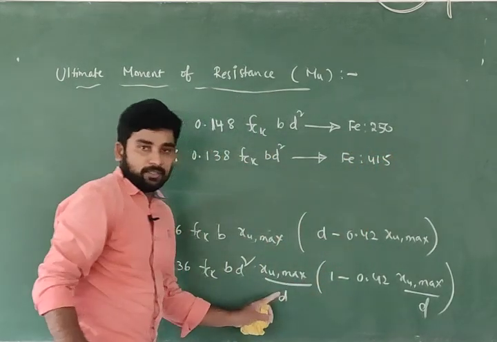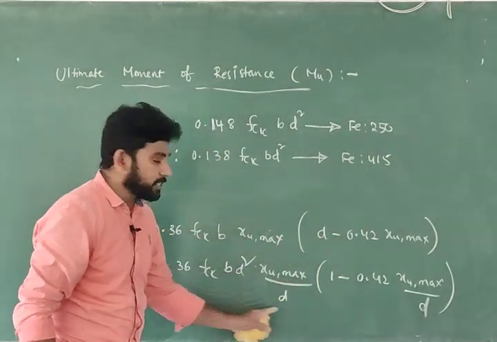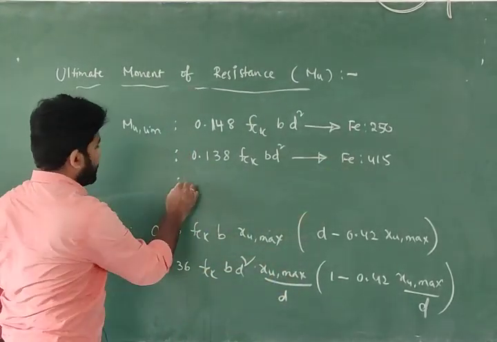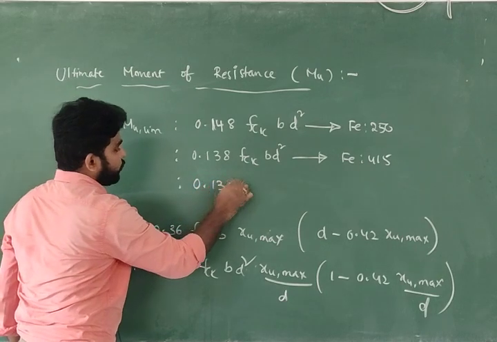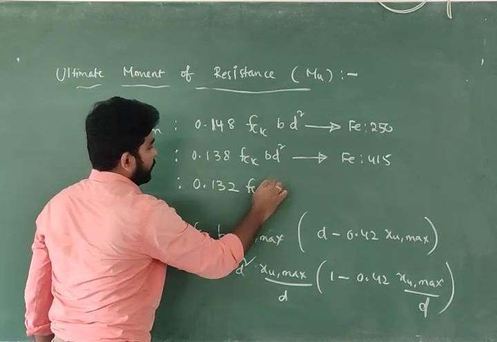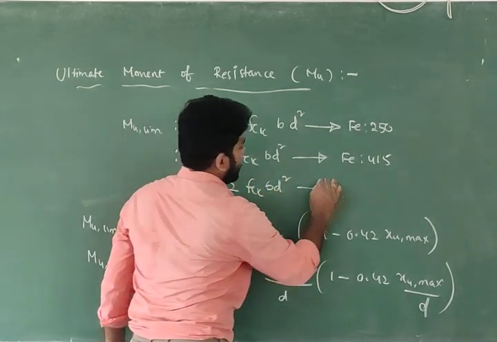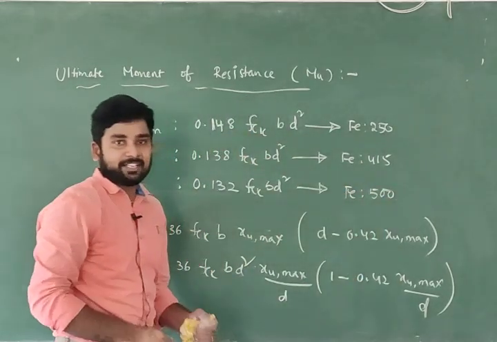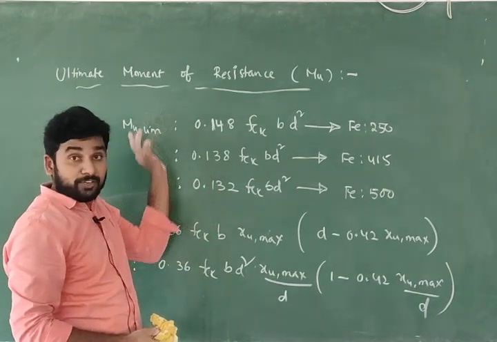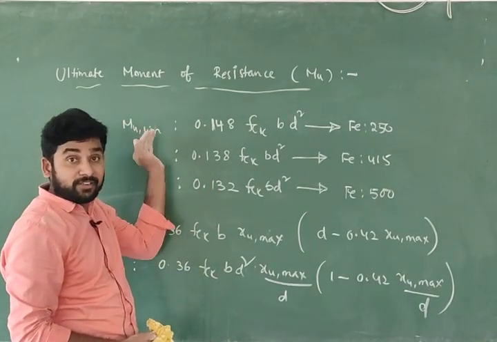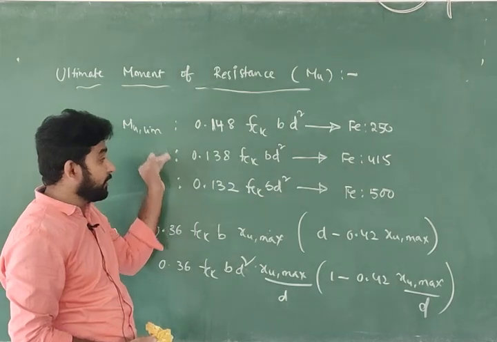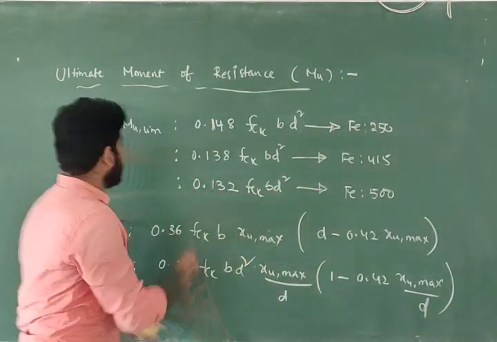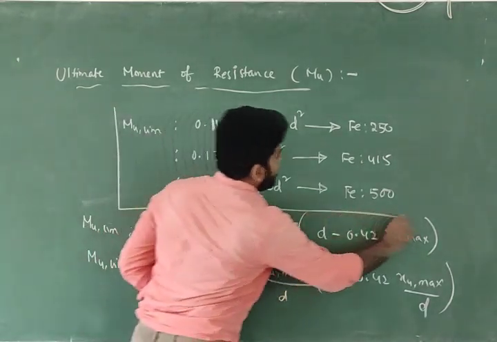Substitute the Xu maximum by d values for this grade and this grade, and next 0.132 or 0.133, no problem, b d square for Fe 500 grade steel. The limiting moment of resistance is also based on the grade of steel. So put it in the box.